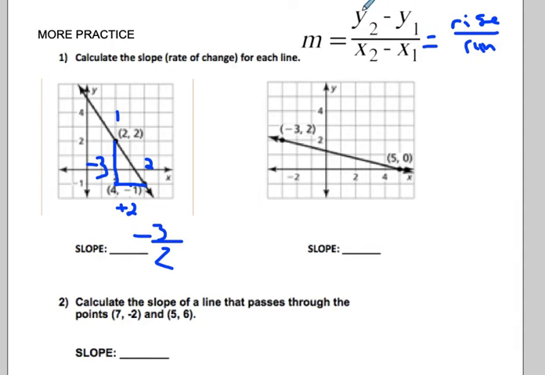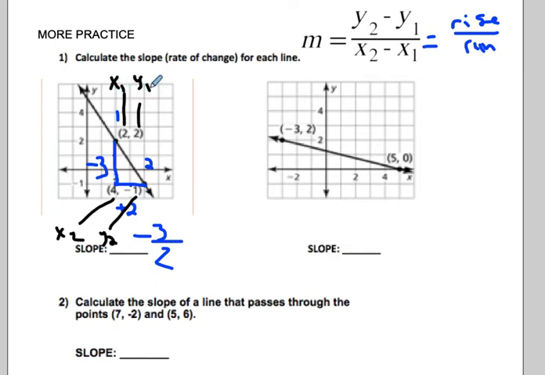The other way you can do it is using a formula. Now how the formula relates to it is, if this is point 1, x1 represents the x-coordinate of the first point. y1 is the y-coordinate of the first point. This would be the x-coordinate of the second point, and this is the y-coordinate of the second point. So these little sub 2's and sub 1's are just telling you which point you're looking at.